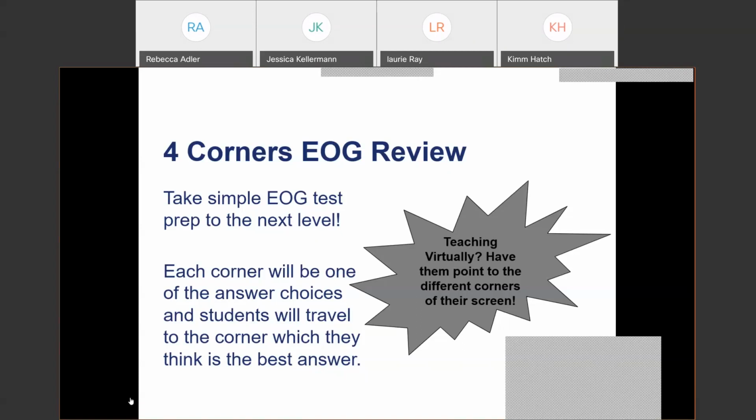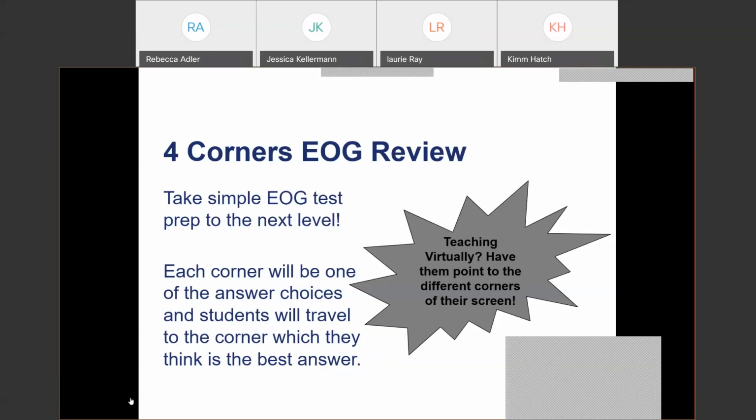Now, what I've been doing lately with virtual teaching is I use the 4 corners of the screen. So I'll give a question, and I'll represent it because I know that with the mirroring on the webcam, it can be kind of funky. But I'll say point here for A, B, C, and D, and then we all point in the room.